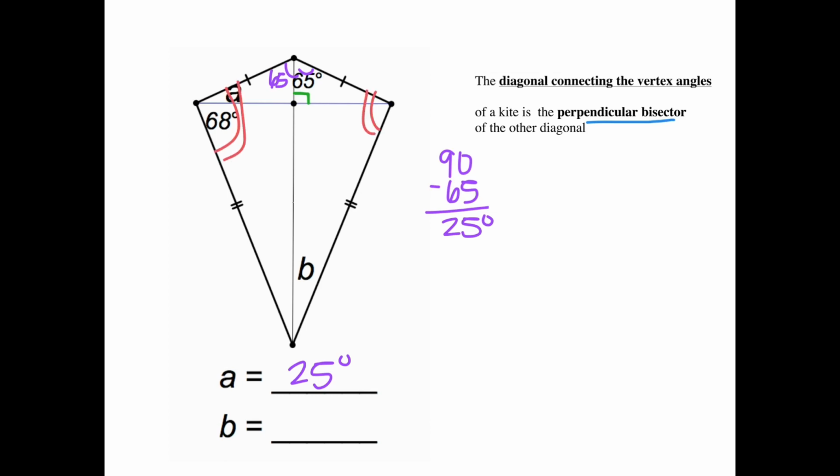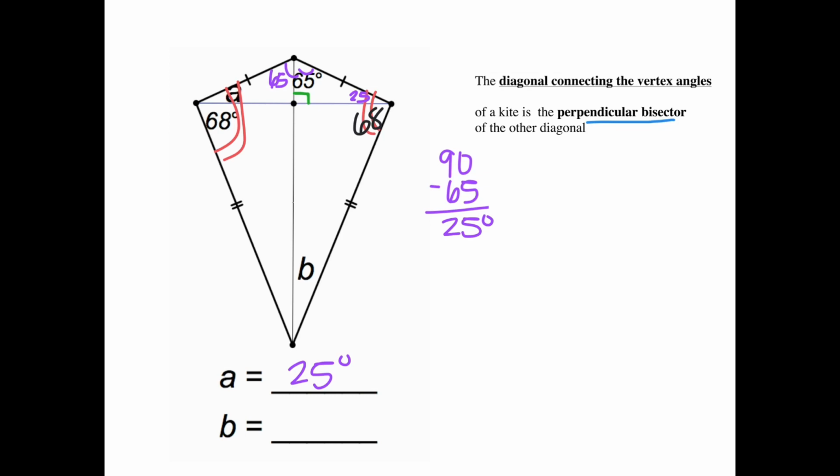And though the diagonal does not create congruent angles here, like A does not equal 68, we just calculated A to be 25, but since this is 68 down here, it is also 68 over here, and so it's also 25 inside there. So all of that is the same from the left side to the right side.